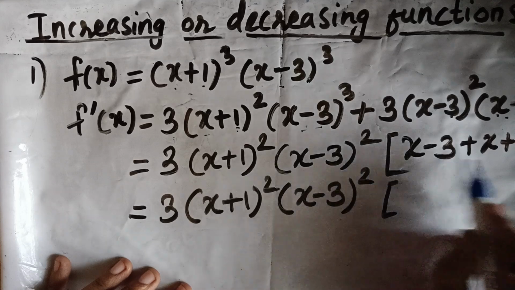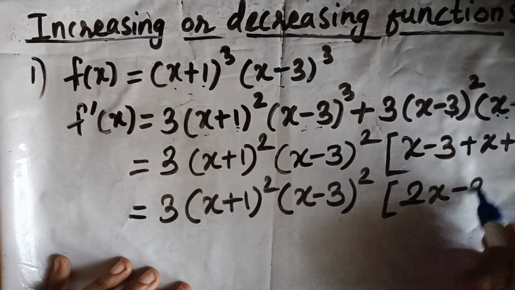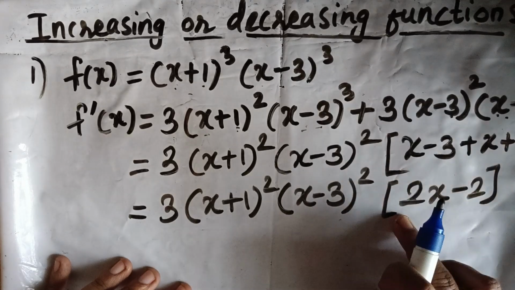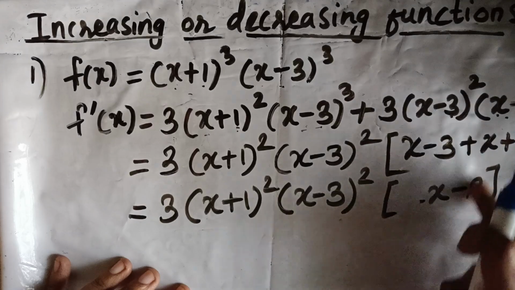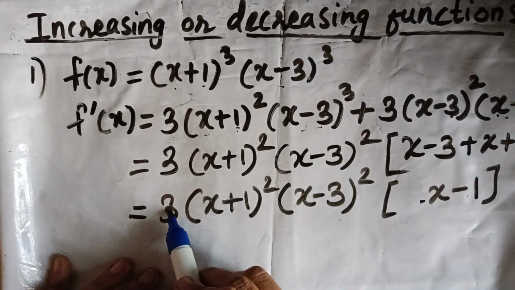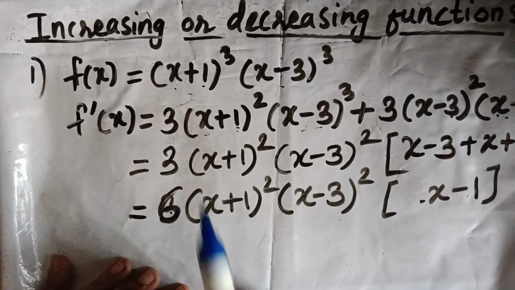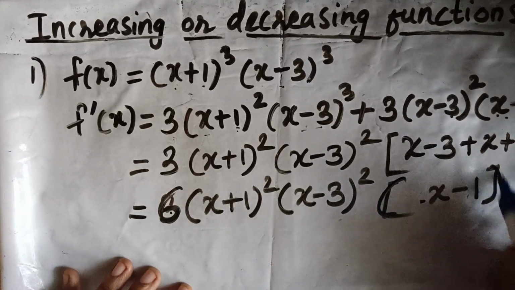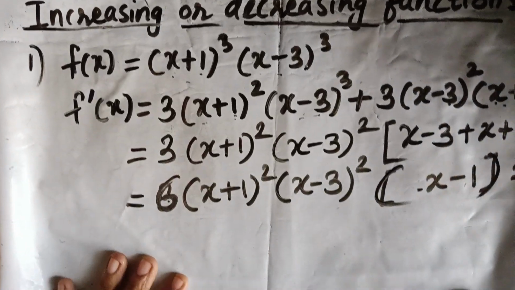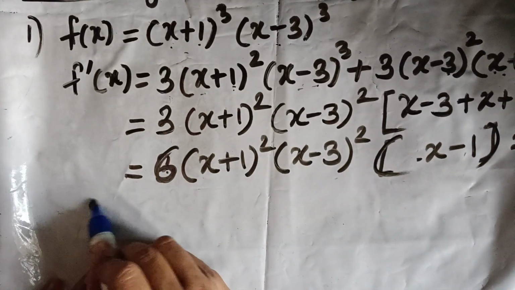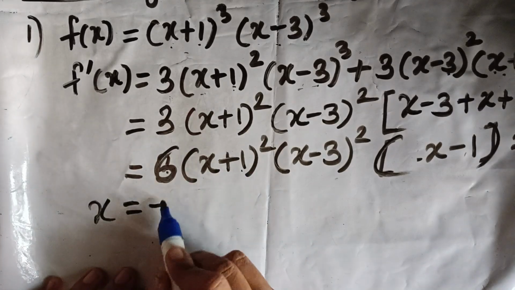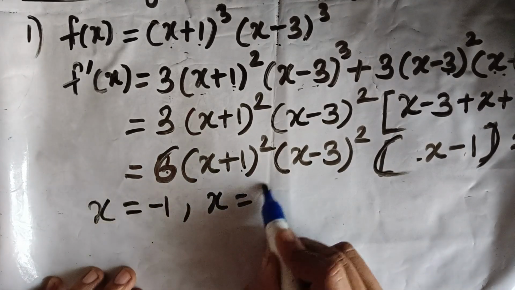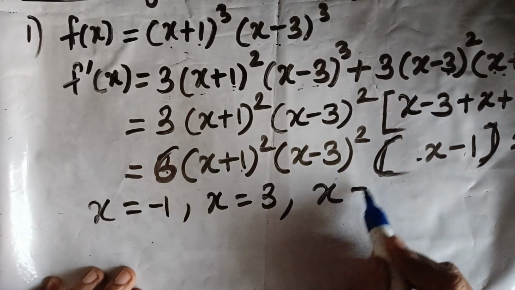So this becomes 2x minus 2. You can take 2 also outside common. So 3 into 2, this becomes 6. When I equate this to 0, I will get the critical points, that is x equal to minus 1, x equal to 3 and x equal to 1.